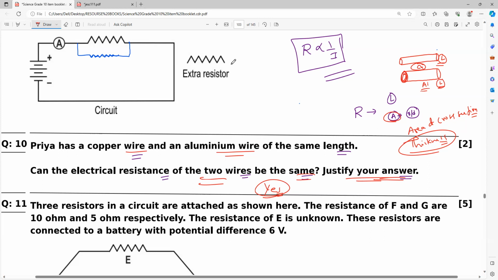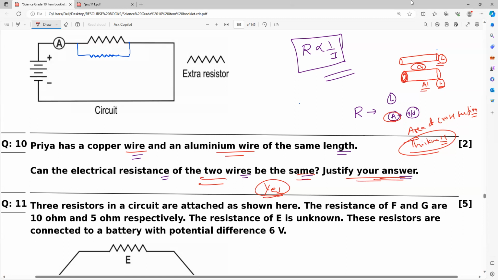While teaching also, many times I mentioned this point. So even though the materials are different, if the length remains the same but area of cross section is different, we can attain the same resistance. Understand everybody? Yes, sir.